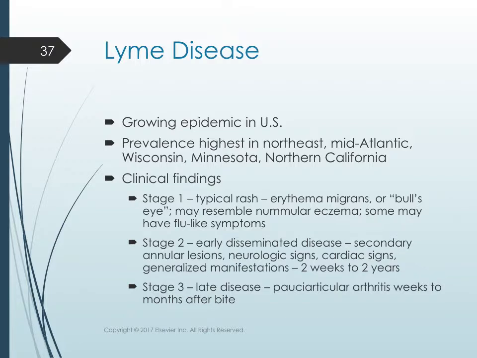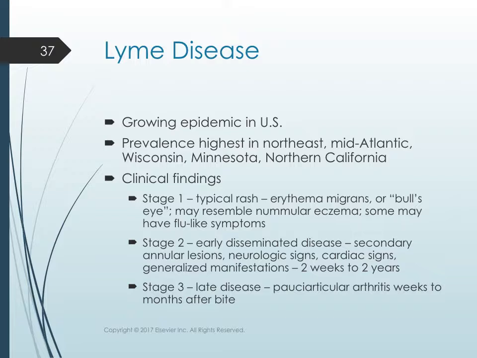And so these generalized manifestations can last from 2 weeks to years. And again, you want to treat, I think it's 3 weeks, with doxycycline for kids over 8 and amoxicillin for kids under 8. You probably went over that in pharmacology.